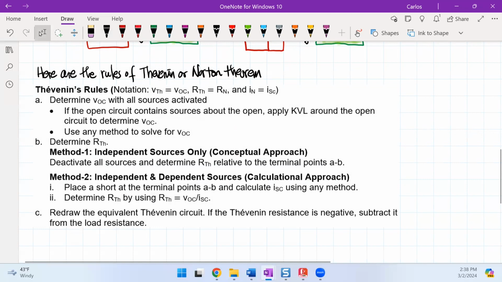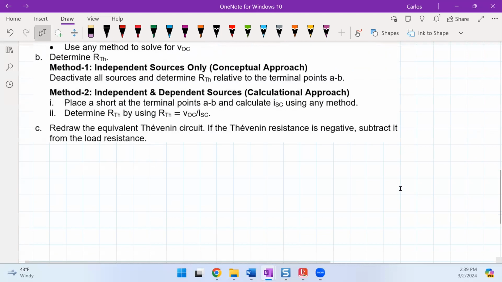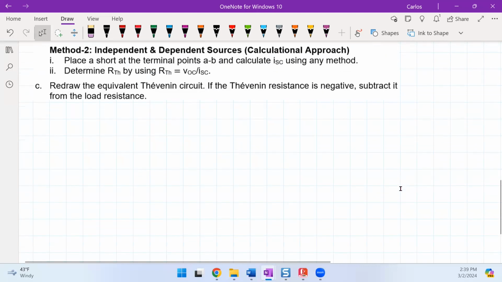There are a couple of warnings that I want to give. Just to restate, it's really the example that becomes most important.